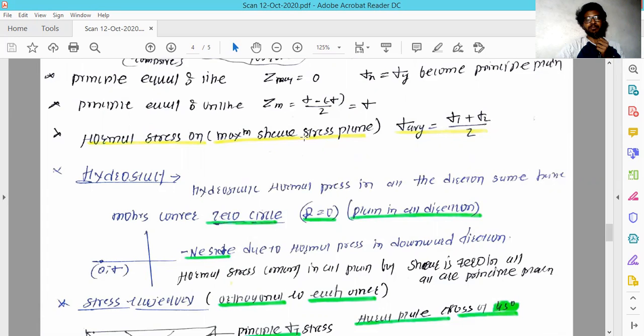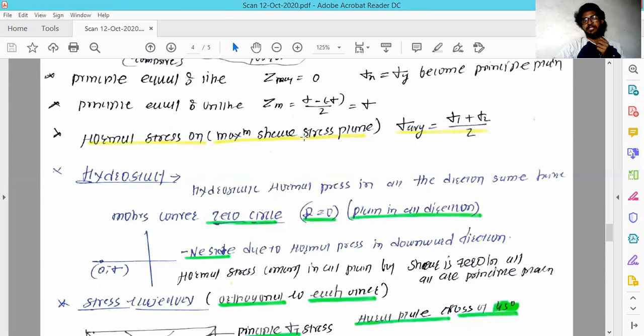Only the nature is different. That shows that sigma 1 and sigma 2 will be the same, and in that condition, the maximum shear stress, which is sigma 1 minus sigma 2, will become 0. So when the principal stresses are equal, the shear stress will be 0.